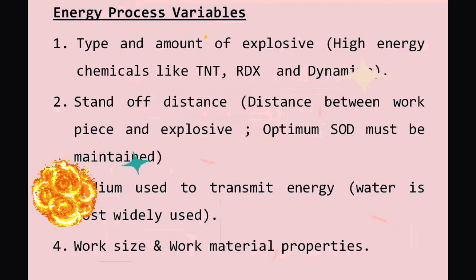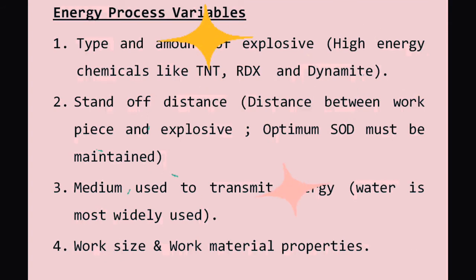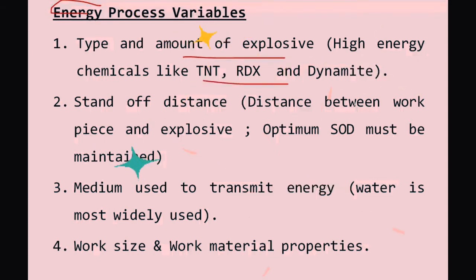Next, what are the variables in this process based on energy? Type and amount of explosives, for example TNT and RDX. The explosive material is chosen based on the thickness, and how much explosive to use is also chosen accordingly.